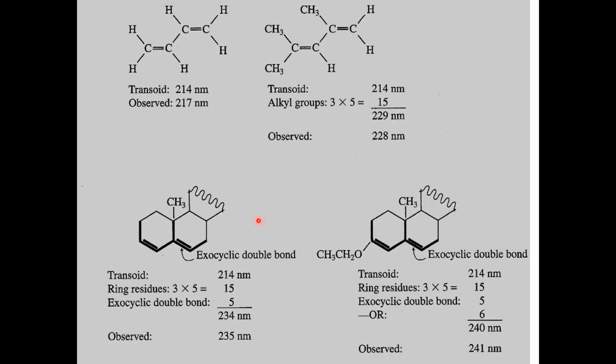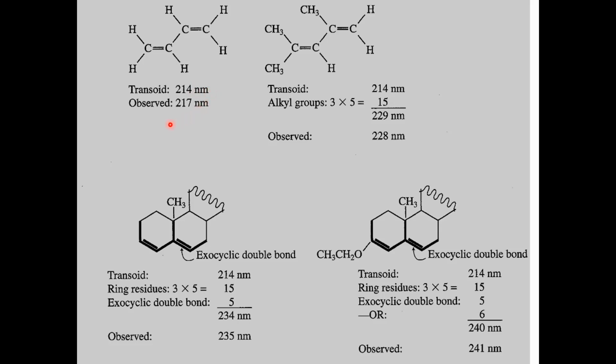Here are some solved problems and training for the students. Transoid ring system here stands for heteroannular diene. As you can see in this example, we have a transoid or heteroannular diene with 214 nanometers as the parent chromophore.